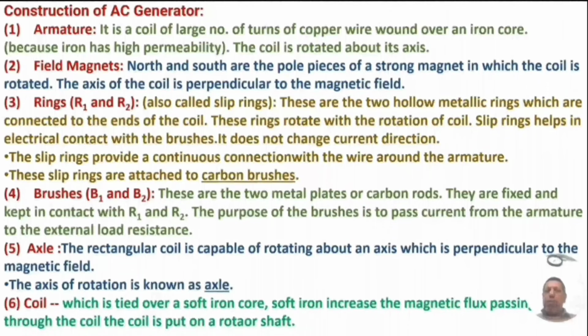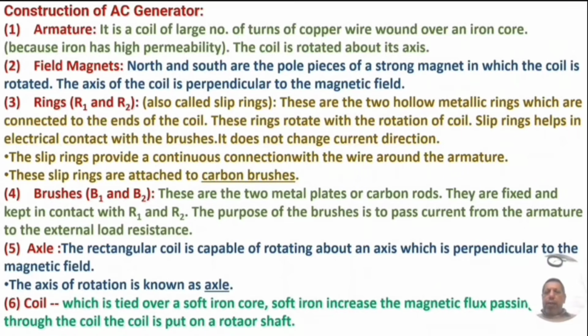The carbon brushes are labelled B1 and B2. These are two metal plates or carbon rods. They are fixed and kept in contact with R1 and R2. The purpose of the brushes is to pass the current from the armature to the external load resistance, R_L.